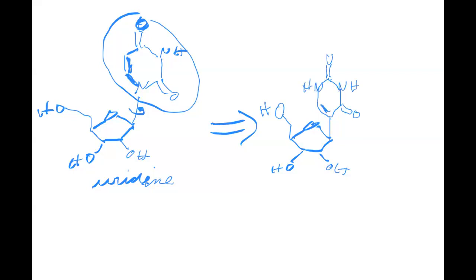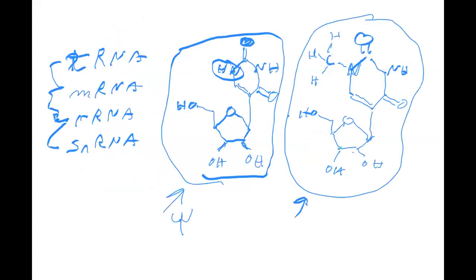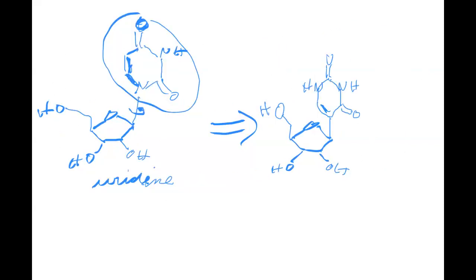Okay. I think I didn't put the double bond on this. Yeah, I did put the double bond. So with that said, this is the pseudouridine. Now there is an enzyme that makes this process happen.